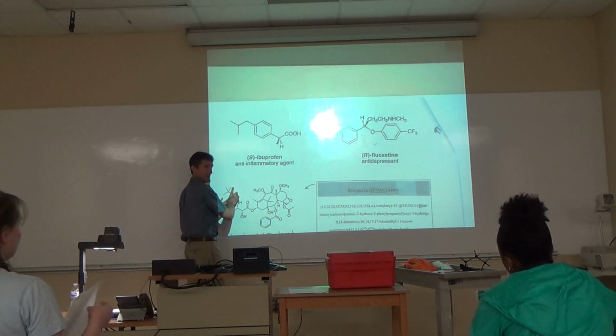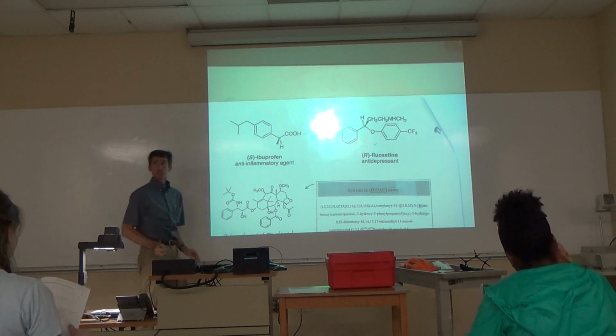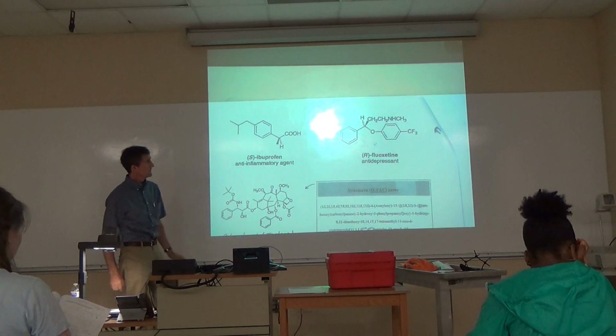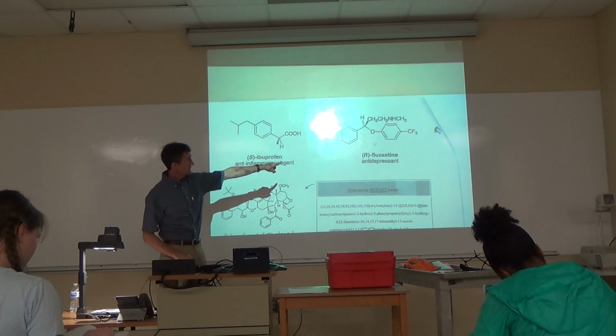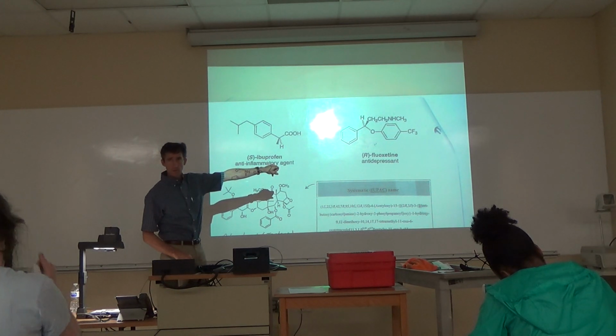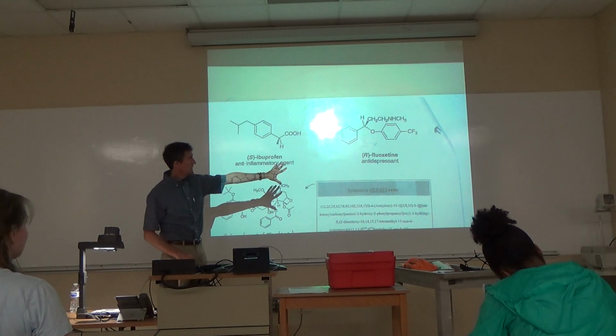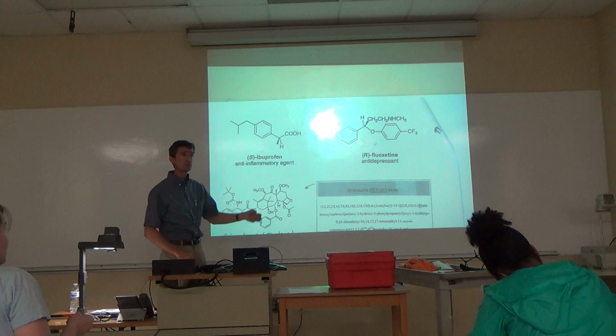Ibuprofen is S. Well, you can make sure you can see that that is S configuration at the chiral carbon. Fluoxetine, aka Prozac, is actually an R configuration. Only R is given as a drug. Make sure you see that that is R, so we can use that as practice.